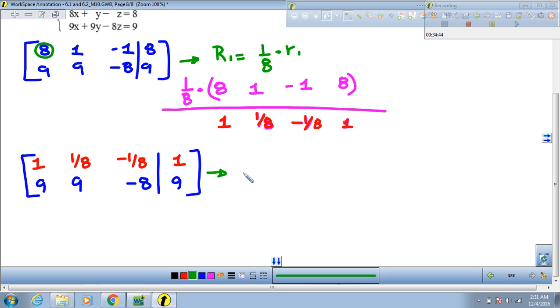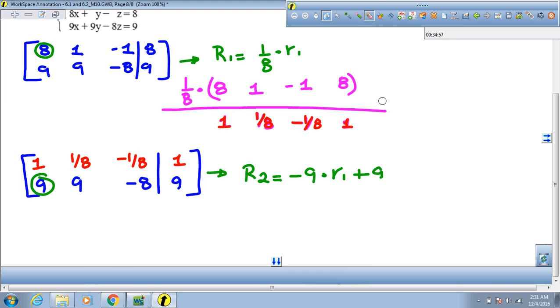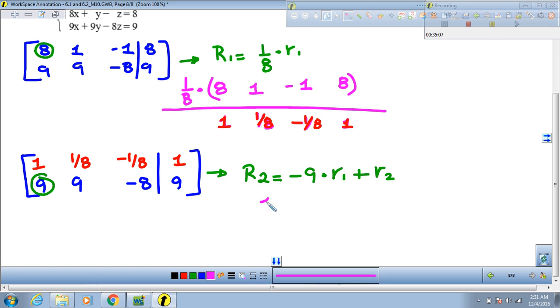Then we have to make this 9 to be a 0. For row 2, we're going to multiply negative 9 times row 1, and then we're going to add it to row 2. So we copy all the numbers in row 1: 1, 1 over 8, negative 1 over 8, a 1.